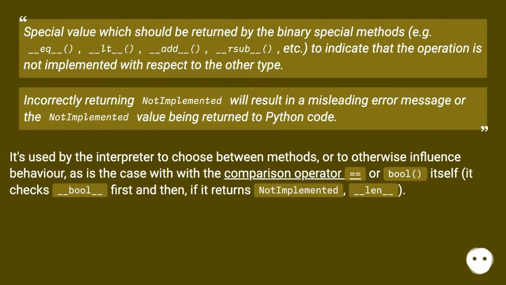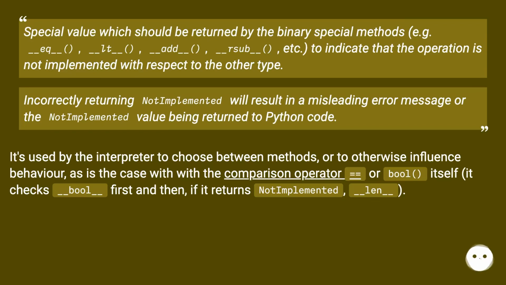NotImplemented is a special value which should be returned by the binary special methods, e.g. __eq__, __lt__, __add__, __sub__, etc. to indicate that the operation is not implemented with respect to the other type.